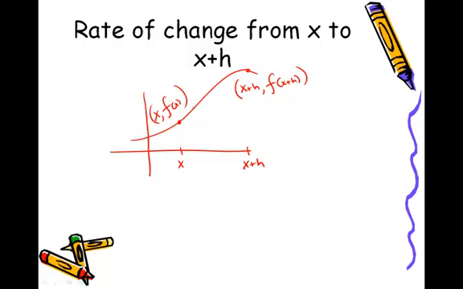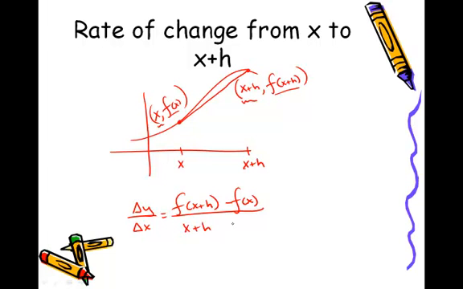And if I wanted to find the average rate of change between these 2 points, I would again go to my change of y over change of x. In this case, my change of y is f of x plus h minus f of x, and my change of x is x plus h minus x.